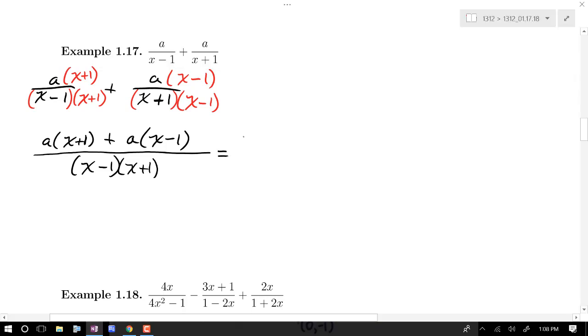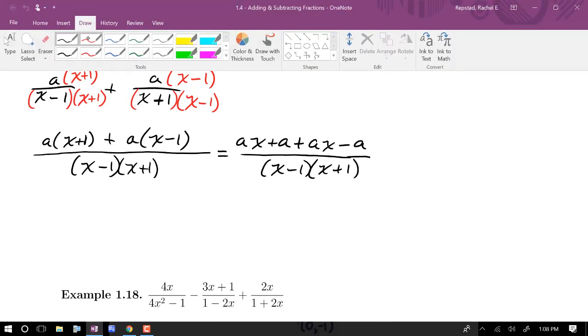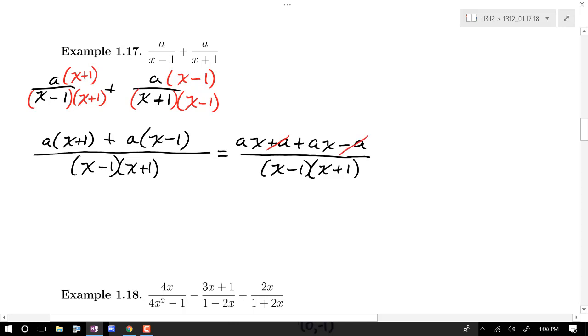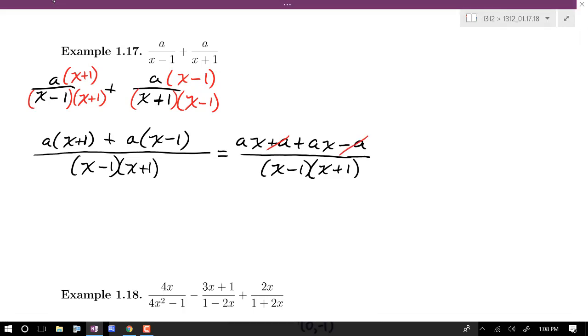So we have expand everything on top. I've got ax plus ax minus a. We combine like terms, which basically, we cancel those a's, the plus a and the minus a. And then we have a 2ax.